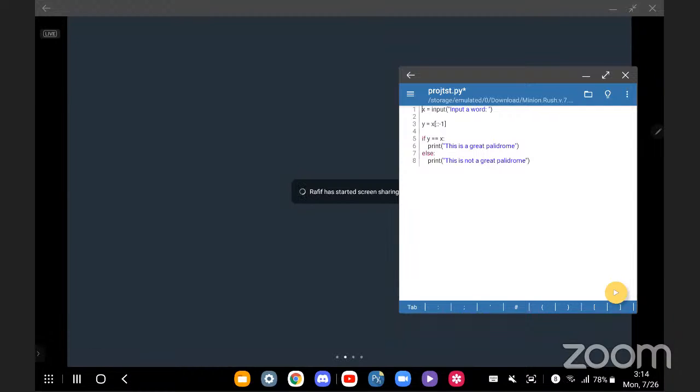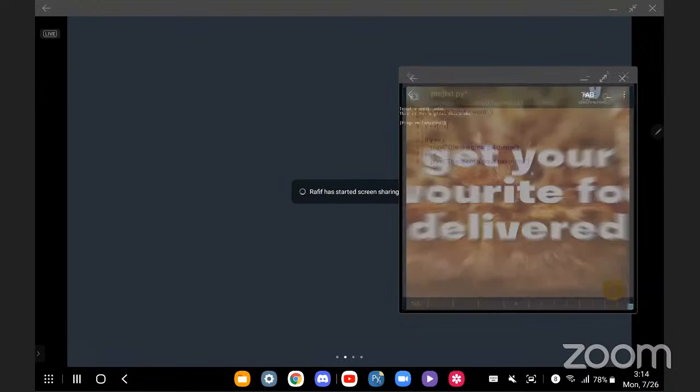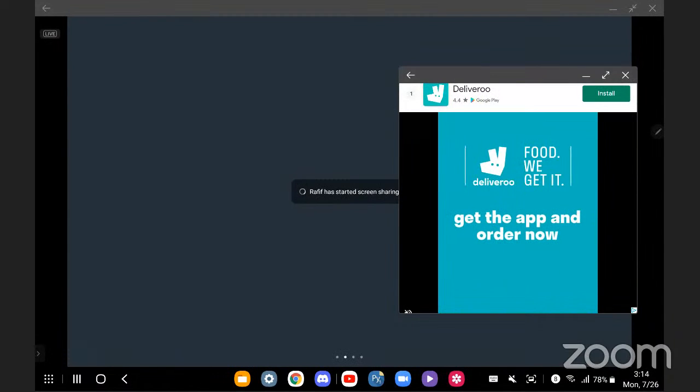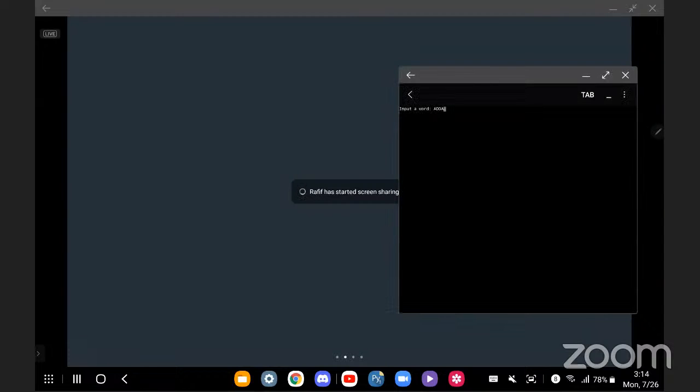It just takes the input and then reverses it, and then checks if the original input and the reversed one are the same. So if I put Adam, it will say it's not. And if I put ADDA, it says it is.